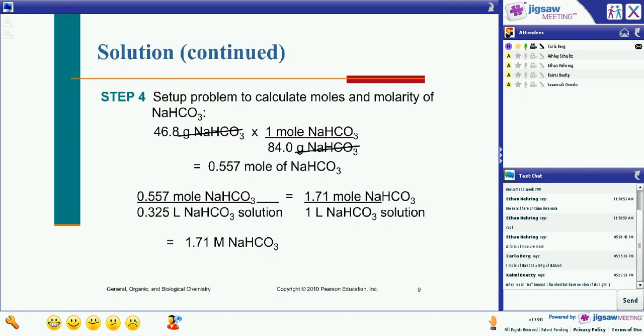We get 1.71 moles of NaHCO3 per 1 liter of NaHCO3. We put the correct label, and we have 1 molarity NaHCO3.